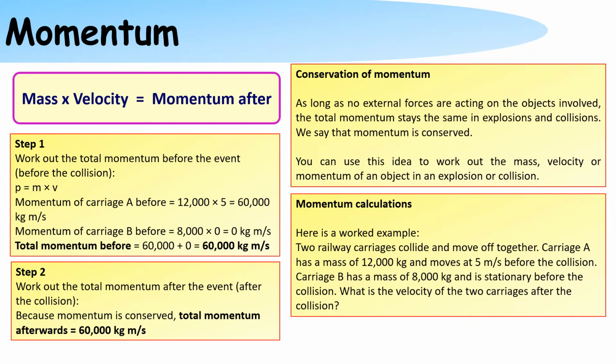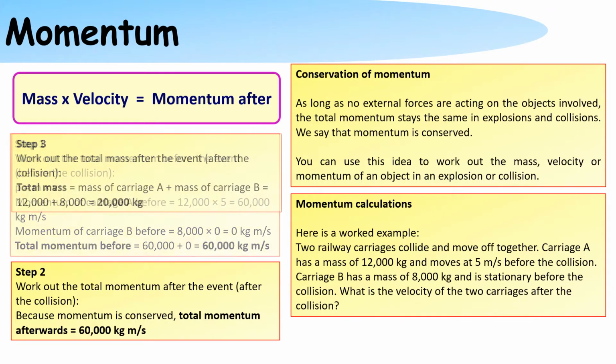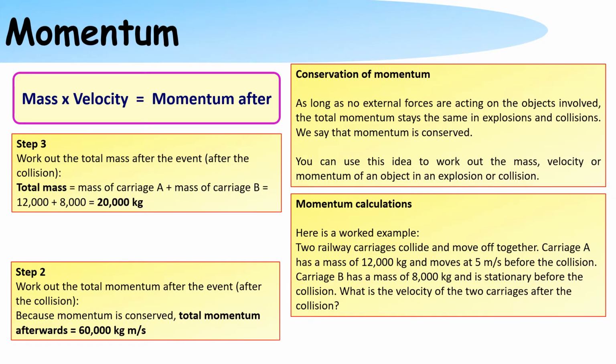Step 2, we need to work out the total momentum after the event. Because momentum is conserved, the total momentum after is the same as the total momentum before. We then need to work out the total mass after the event, which is carriage A plus carriage B, to give us a total mass of 20,000 kilograms.